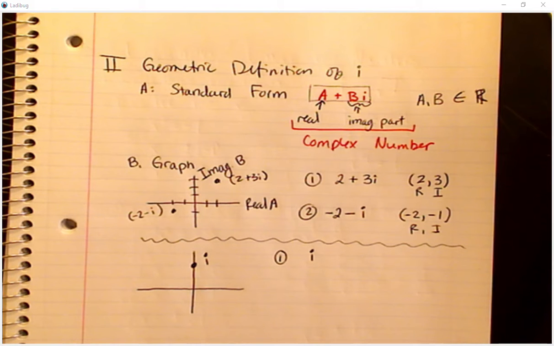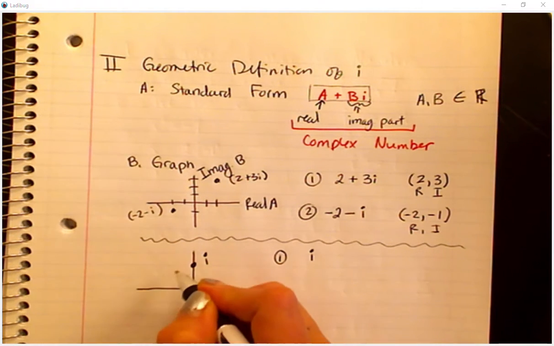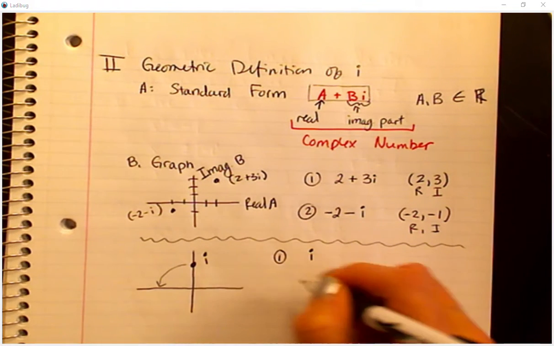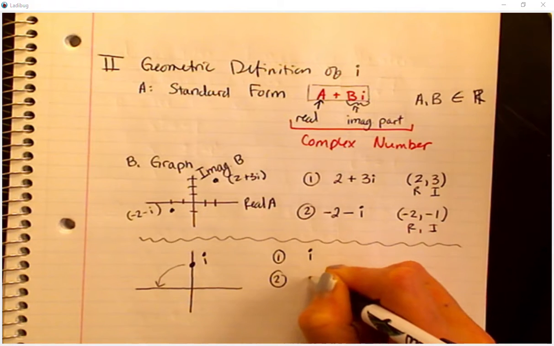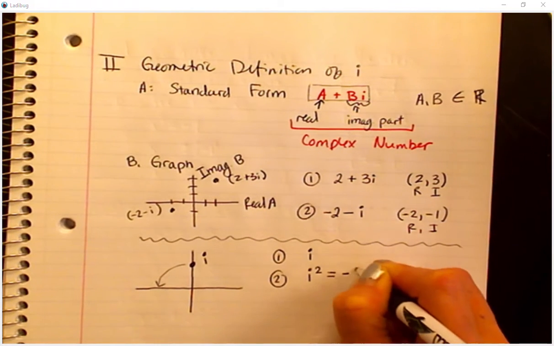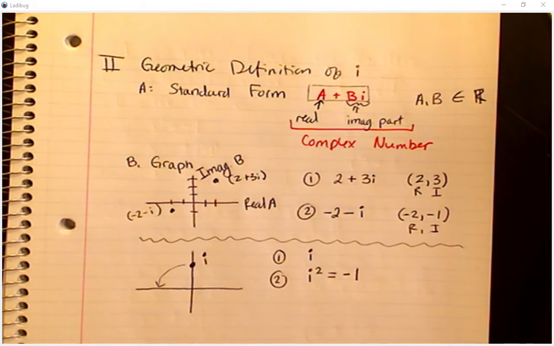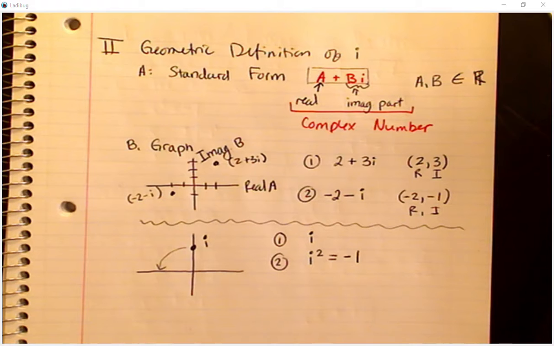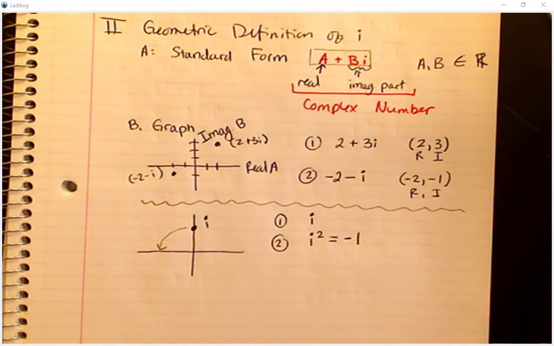Did you know that i can be defined as a 90-degree rotation? Whoa. Okay. I squared, we kind of already developed this idea that i squared is -1. Put it on the graph.